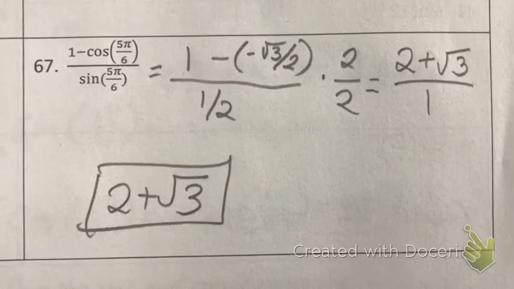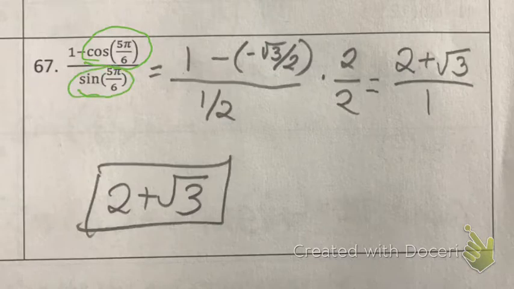Whether you use reference angles or you just look on your unit circle, your first step is to find what cosine of 5 pi over 6 is, and then find what the sine of 5 pi over 6 is, which is either going to be square root of 2 over 2, 1/2, or square root of 3 over 2. Then you fill in that information. So I filled in those two spaces. Now you do need to simplify. With simplifying, you could keep change flip, which means keep the top, change your sign of multiplication, and multiply by 2.